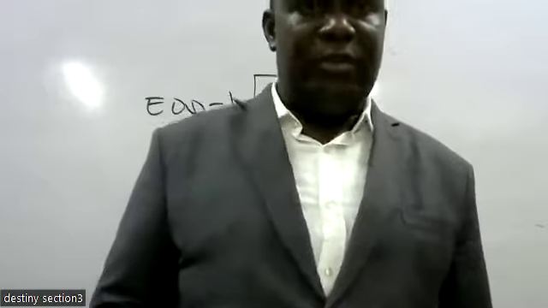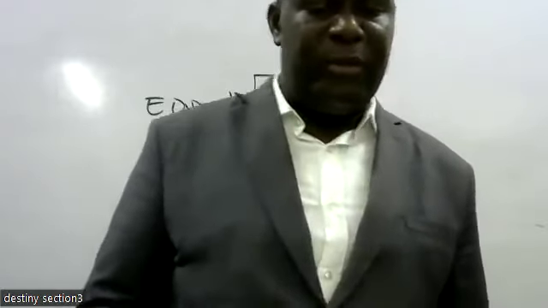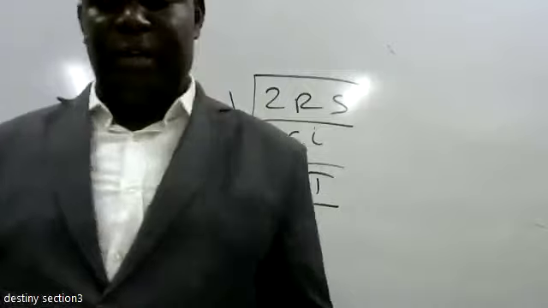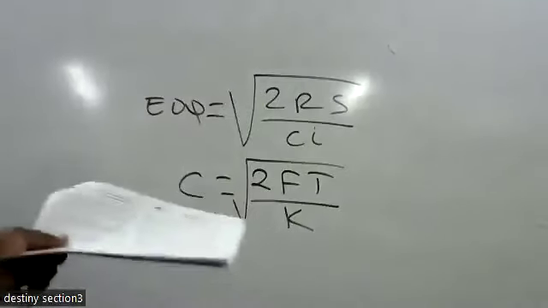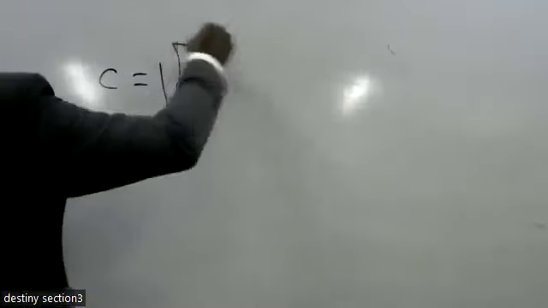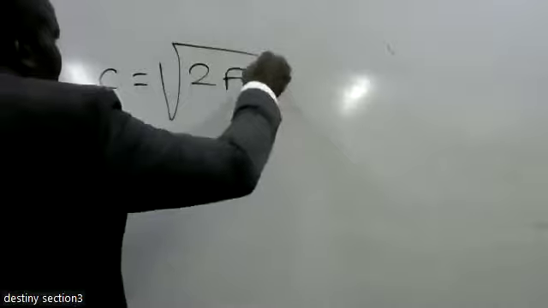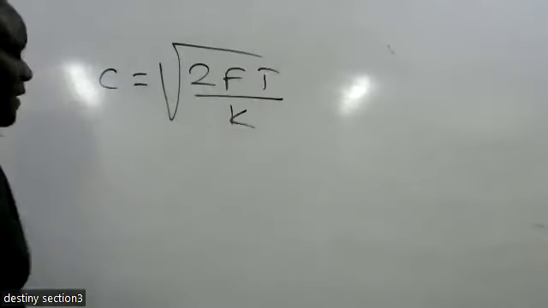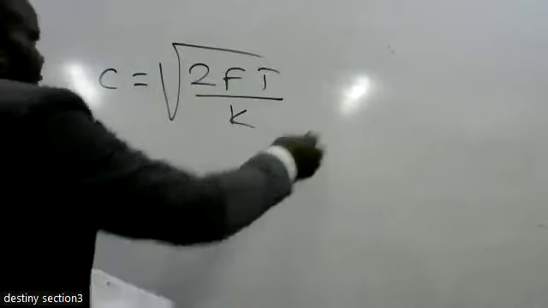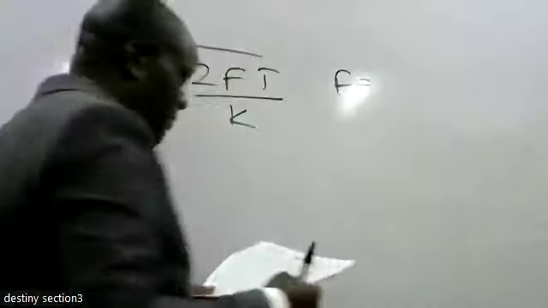Most of the questions, they will not tell you to use this model or the other, but from the details provided, we can establish which model we are supposed to use. Like now, the optimal cash balance is the same as our C. So C is supposed to be given by the square root of 2FT divided by K. We have said that F is the fixed transaction cost per transaction.